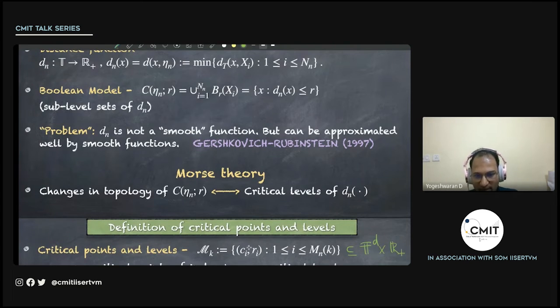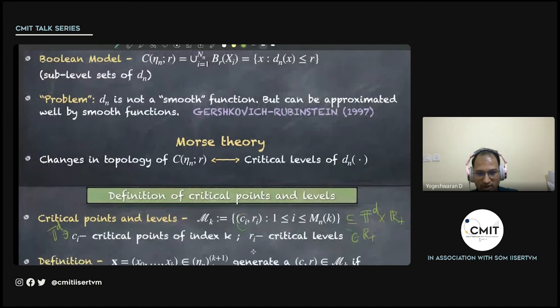So C_i are critical points, C_i belongs to the torus, R_i belongs to R plus. These are a bunch of points called critical points and critical levels, which in some way are defined. Critical points are where the gradient vanishes, and R_i is the corresponding value. F of C_i is R_i.